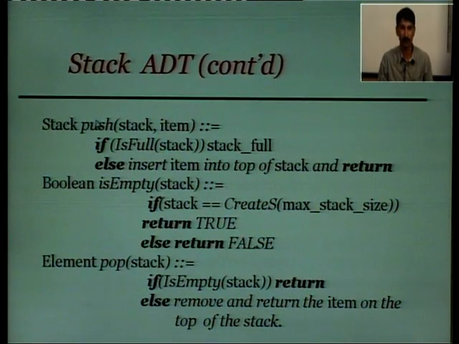So, we have seen the two operations, push and pop. Push uses is empty, push uses is stack full, and pop uses is stack empty or not. So, these are the four main functions that can be used to implement the stack operation, to create the data structure which can be called a stack.